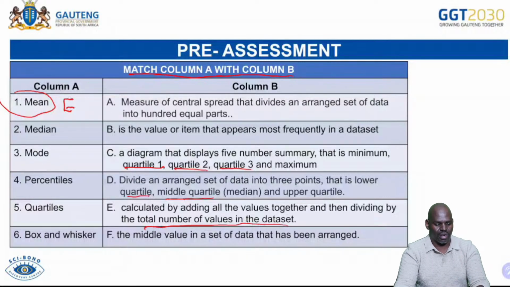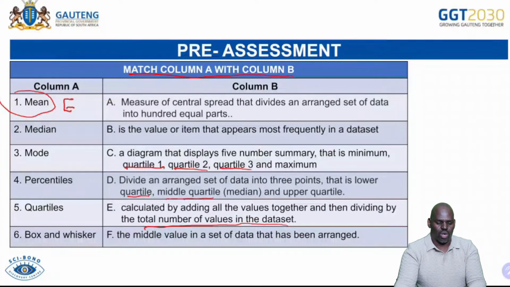Then we go to median. Median, we have to start all over again. Measure of central spread, no. Is the value or item that appears most frequently in a data set? No. A diagram that displays 5 number summary? No. Divide and arrange a set of data into 3 equal points, that is the lower quartile and so on?